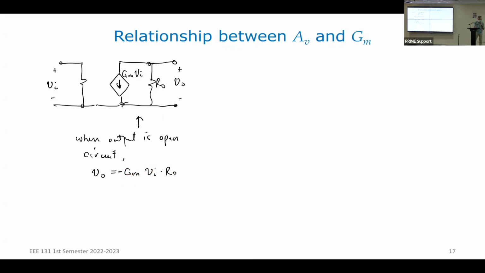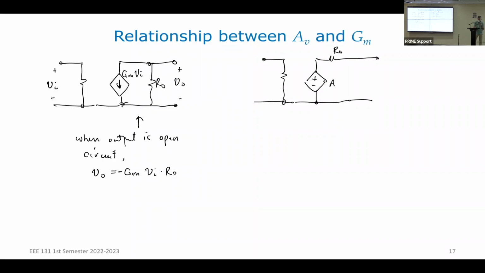If I take a look at the Thevenin model, the Thevenin model looks like this.